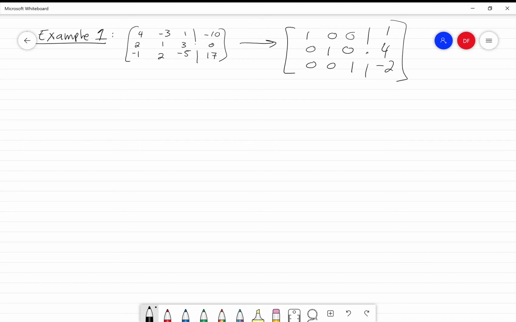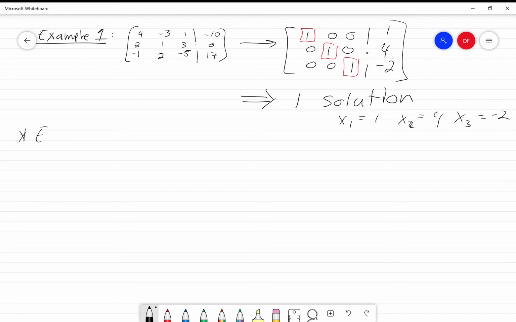Okay? And in this example, because we have a pivot in every column, this tells us one solution. And the solution is x1 equals 1, x2 equals 4, and x3 equals -2.